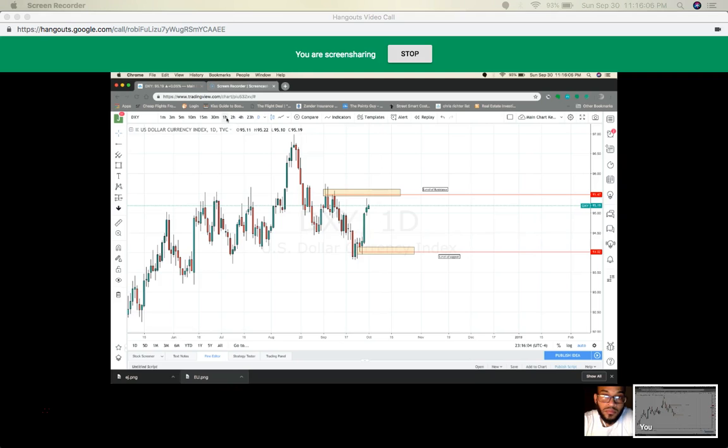Lower time frame is 1 hour and below. The 1 hour and below zones, which we haven't drawn yet, we'll get to them. They stall price, and then it'll eventually push up to this higher time frame zone.